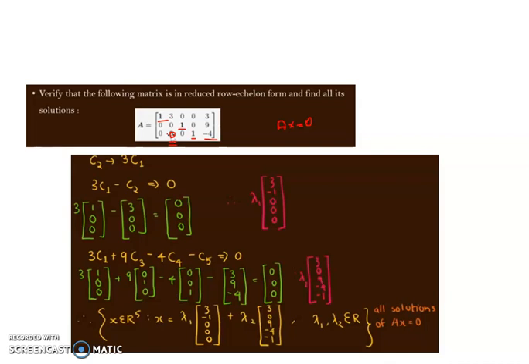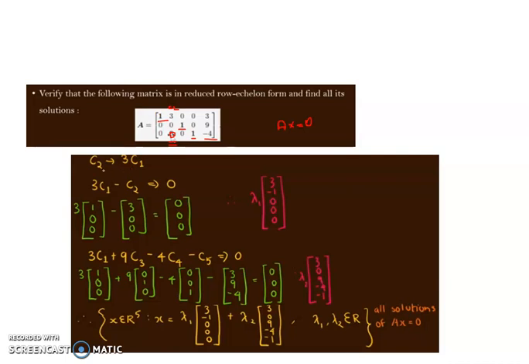So non-pivot columns will be expressed in terms of the pivot columns coming to the left. Here we need to express C2. The pivot column to the left of C2 is C1 alone. So we need to express C2 with the help of C1.